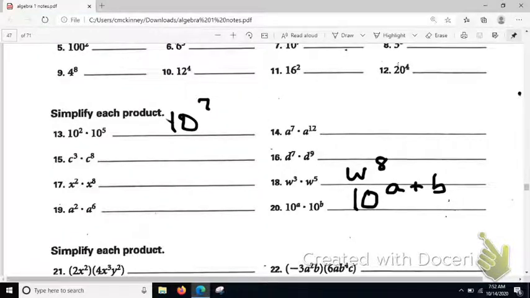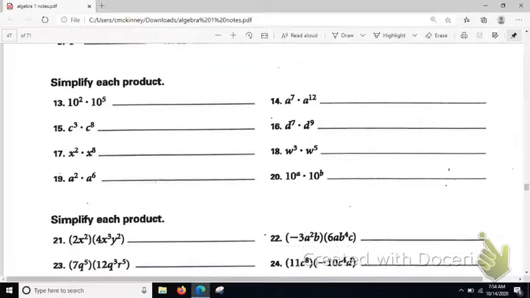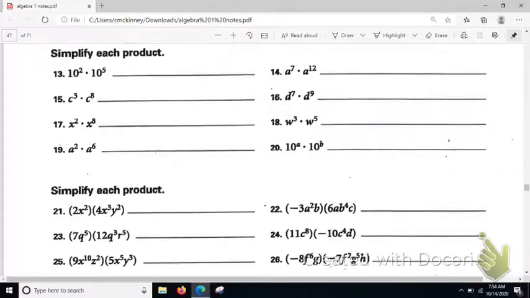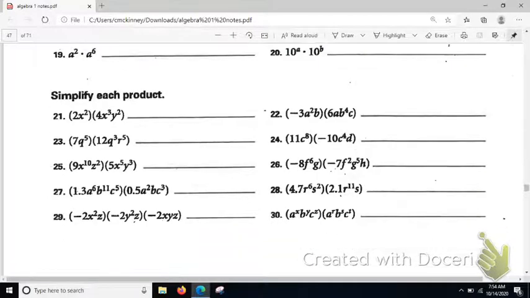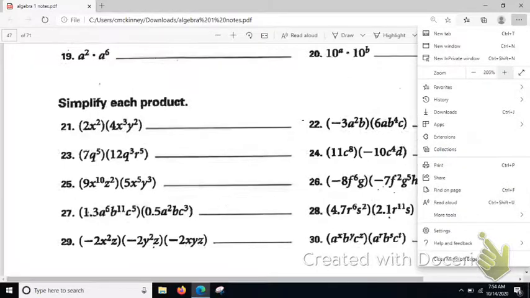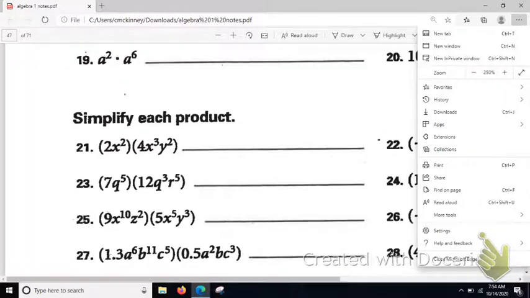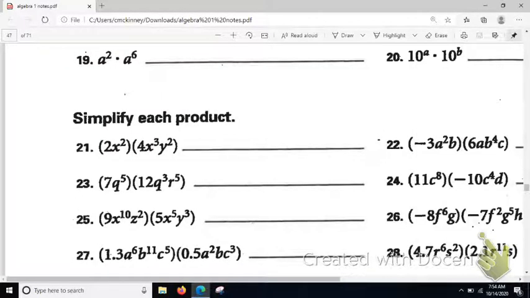We can apply the product rule to other products. They're still monomials because they just have one term, but now you're going to see things that have coefficients and they may have multiple variables. So basically it's like a few little problems all in one.